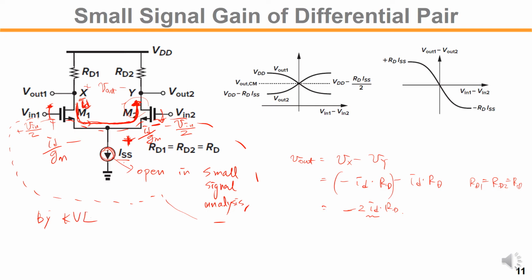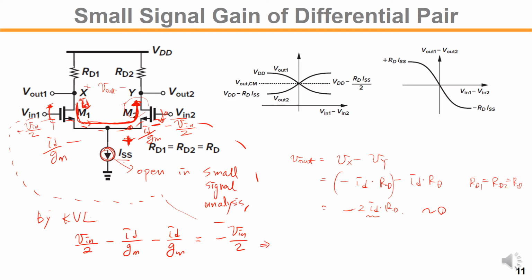Starting from plus Vin over 2, let's say the drop over the gate and source would be ID over GM, and another voltage drop across source and gate would be ID over GM. That would be what? Minus Vin over 2 voltage.